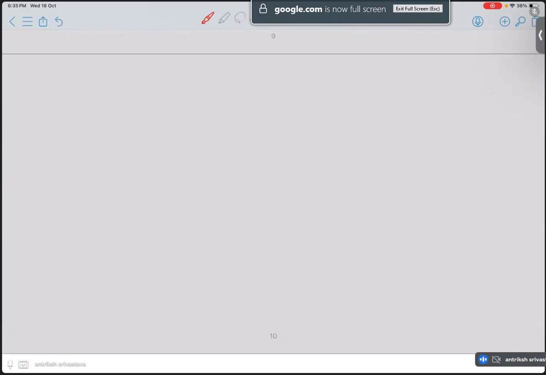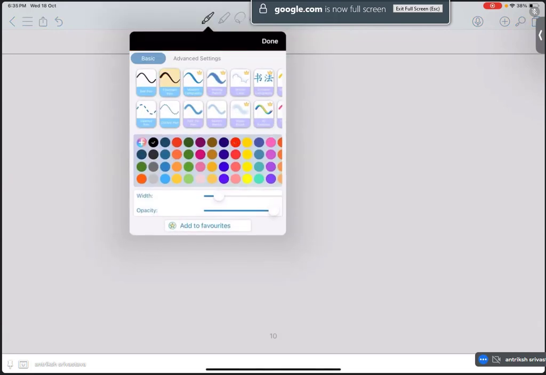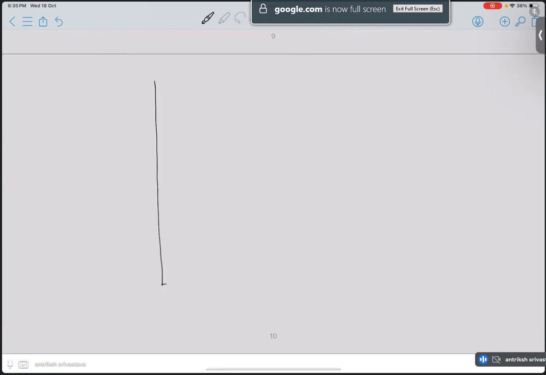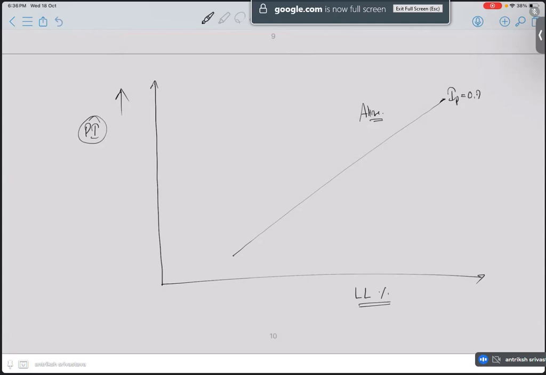If you remember, we have a chart where we are given the plasticity index on the y-axis and the liquid limit on the x-axis, and we have a line which is often called the A line, right? What is the equation of that line? That line gives us the plasticity index, and it is given as 0.73 into liquid limit minus 20.